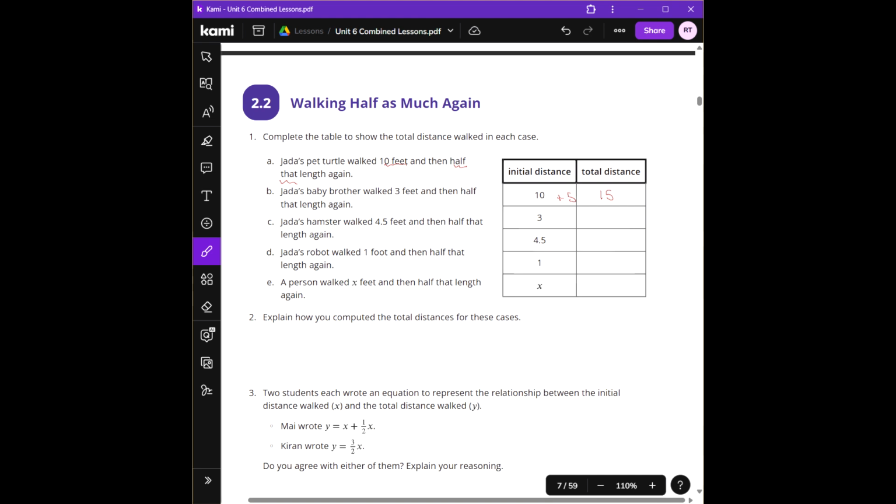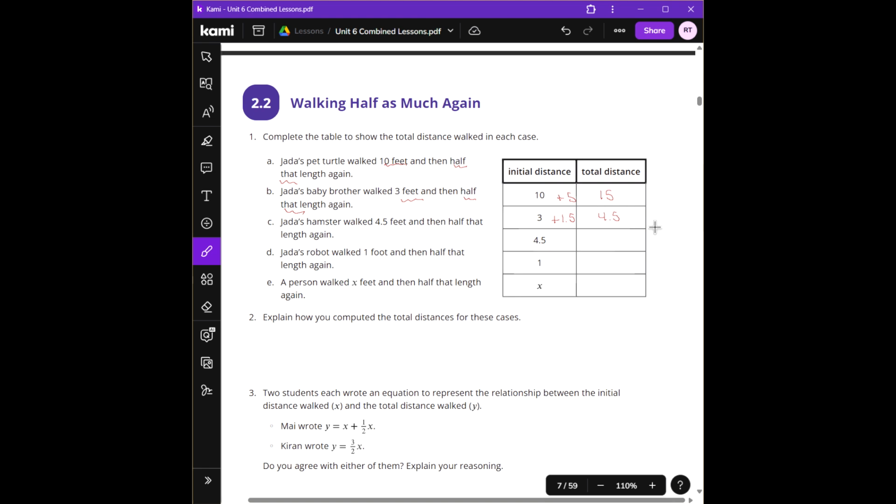The next one, baby brother walked 3 feet and then half that length. Half of 3 is 1.5. So the total distance is 4.5.